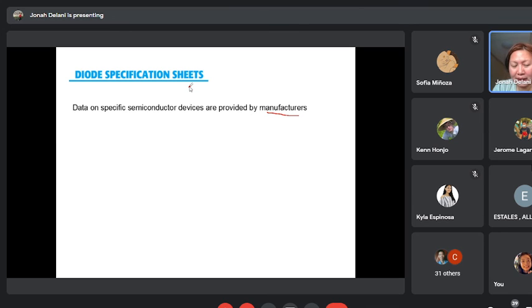Now, we can readily see the specification sheets of diodes and other electronic components. It's easy, just google it, and you will find it on the manufacturer's site. I have also put one there. There is a sample specification sheet in reading material 1.